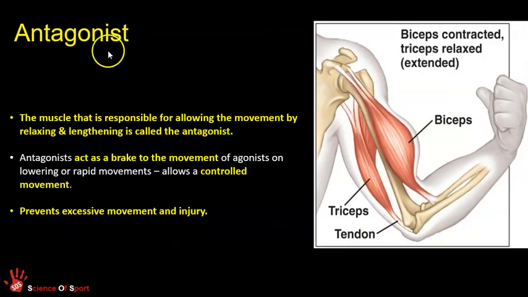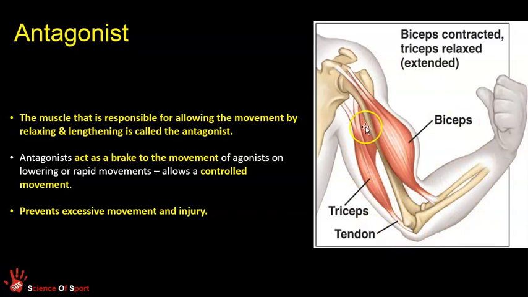And then logically, the antagonist is the muscle that is responsible for allowing the movement by relaxing and lengthening. So in terms of this example, elbow flexion, the biceps contracting, pulling on the lower arm bones and creating bending at the elbow.